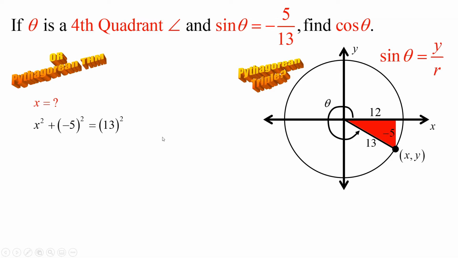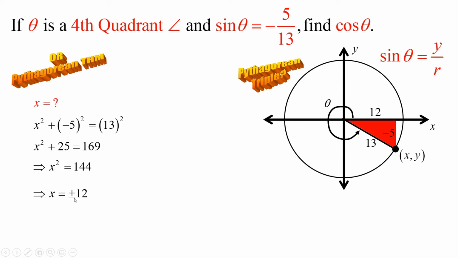Let's solve for x. So x squared plus 25 equals 169, and now subtract 25 from both sides. So x squared equals 144, and you guys know what the square root of 144 is. That implies x would be plus or minus 12.